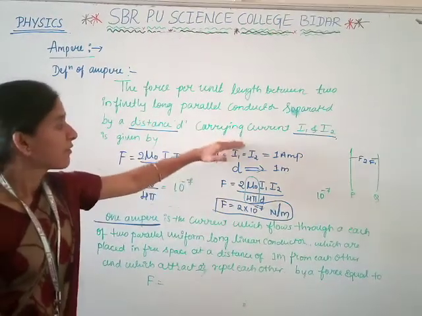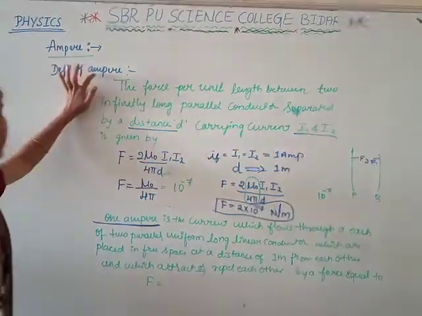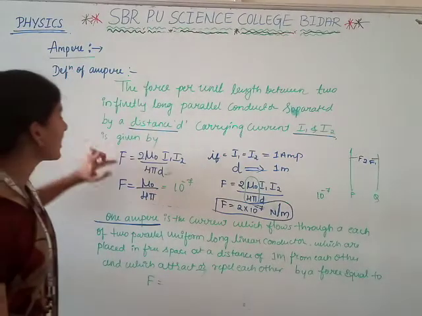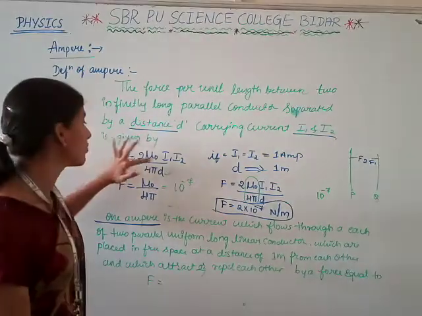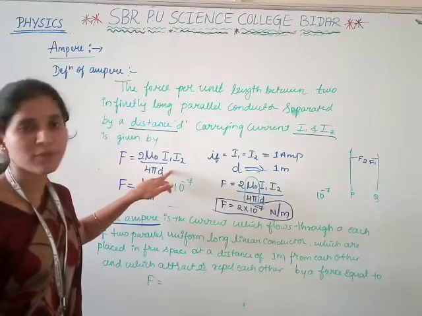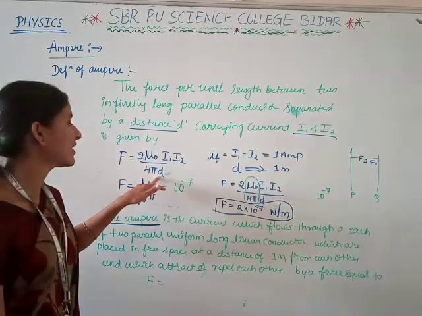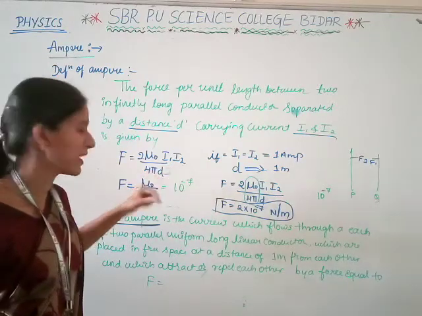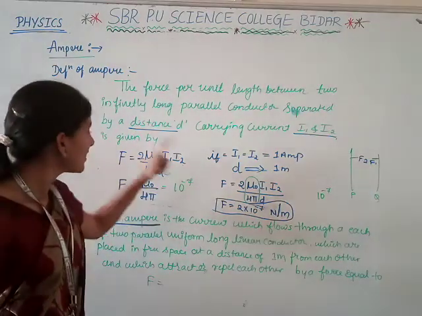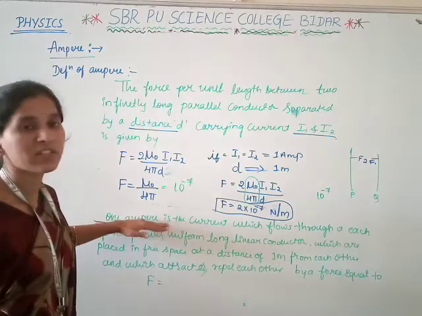Means when we are considering the ampere definition, we are taking the formula F is equal to 2 mu naught I1 into I2 divided by 4 pi d. Here we are taking I1 and I2 value as 1 ampere and the distance between two conductors is 1 meter. Okay. Now by using this one we can write the definition of 1 ampere.